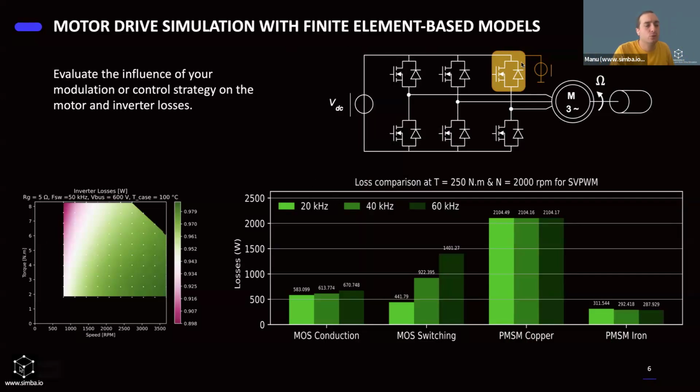Here, the switch is ideal, and we use thermal lookup tables to estimate the conduction and switching losses. From those losses, we can calculate the efficiency of the entire motor drive. This is the kind of study we can do, where we can have an efficiency map of the motor drive, of the inverter, and study the losses in the entire system.